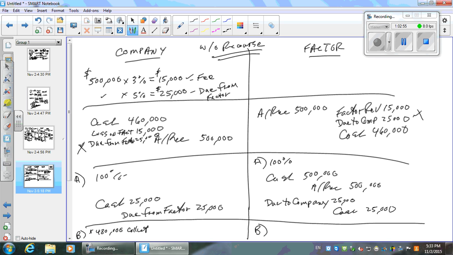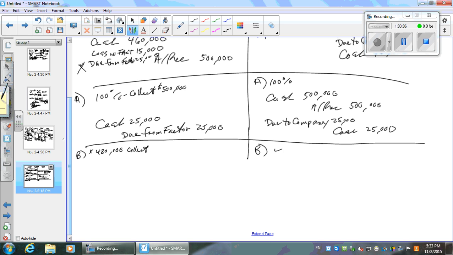This was they collected 500, right? So whatever percent that is, they collect. Okay? B here is the same thing. Give that a shot. What do they do? Debit cash already.